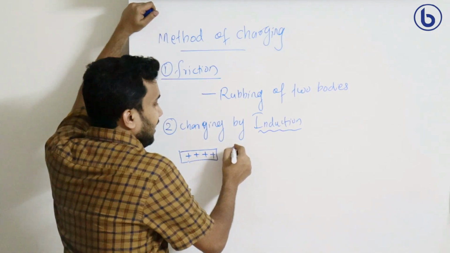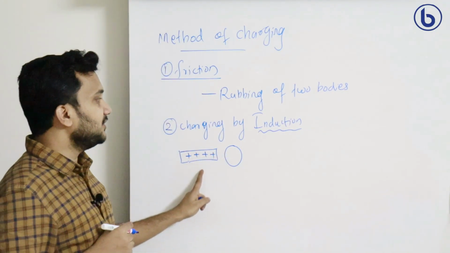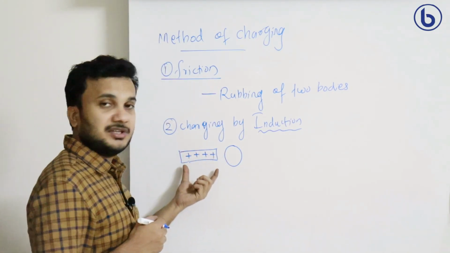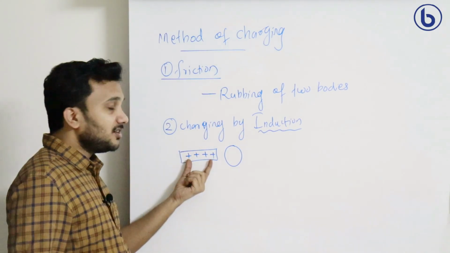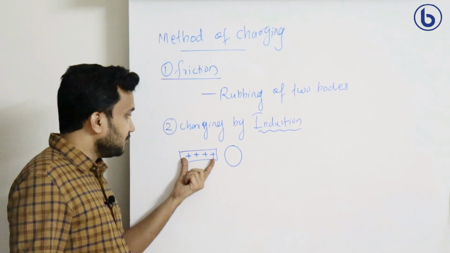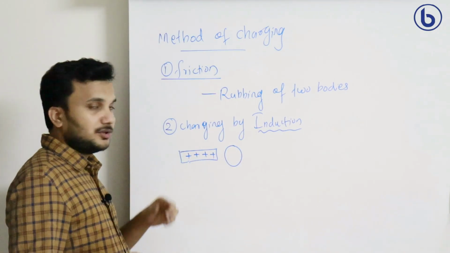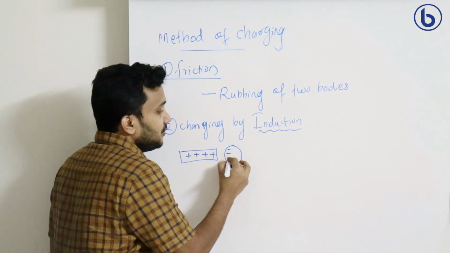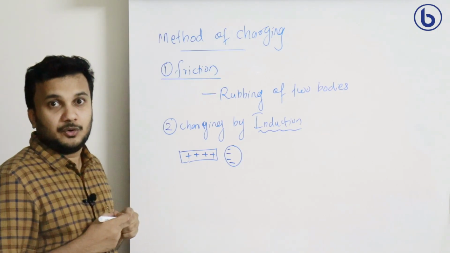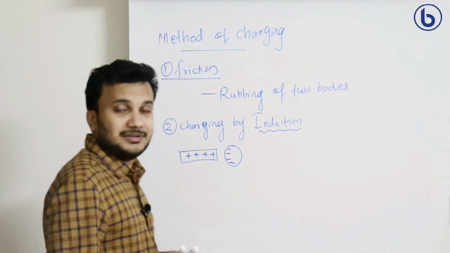Now I'm assuming I have a metallic sphere here. If I place this metallic sphere very close to this positively charged rod, what will happen? The rod has positive charges, and this sphere is neutral. When it is placed near the positively charged body, the opposite charge will get induced.